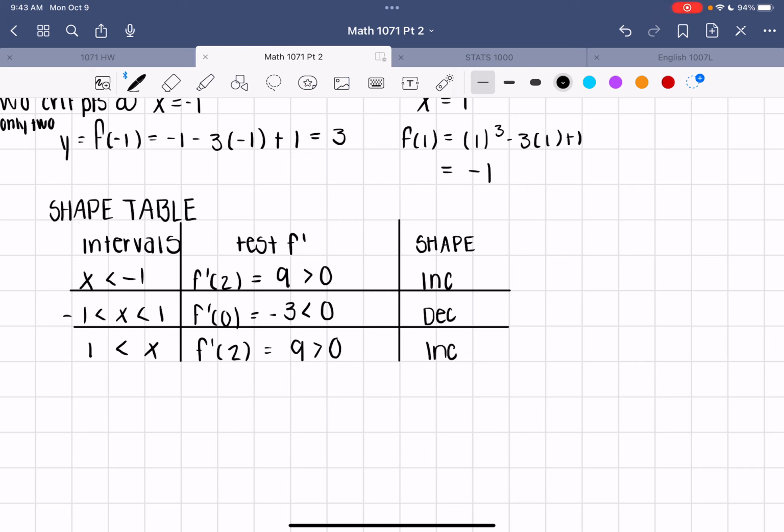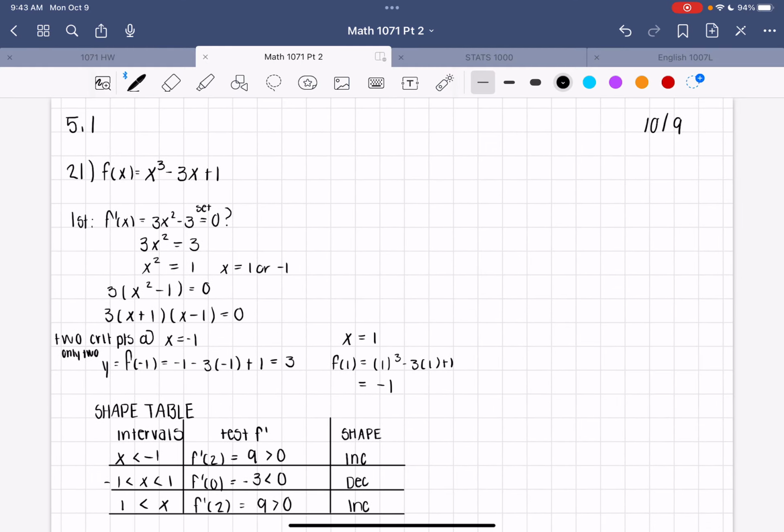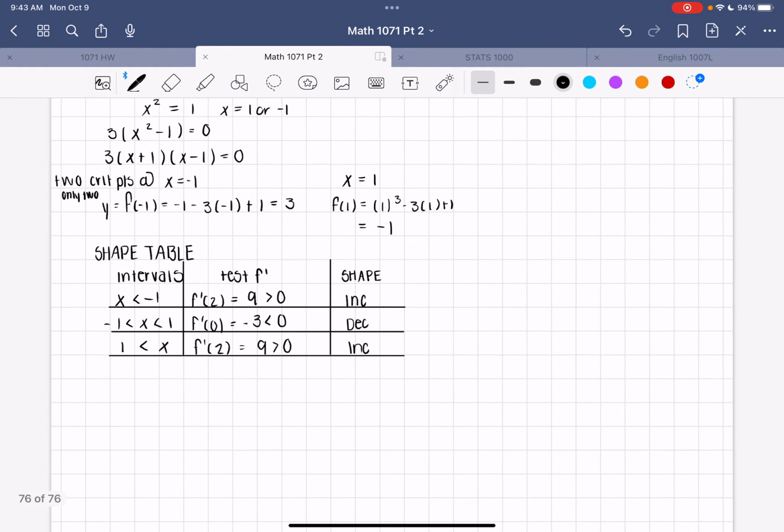I have drawn this, and it's drawn correctly. This is concave down, this is concave up. And it looks like our inflection point is at 0. But concavity is the next section.